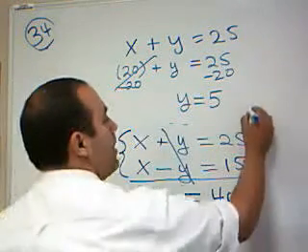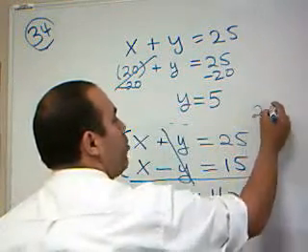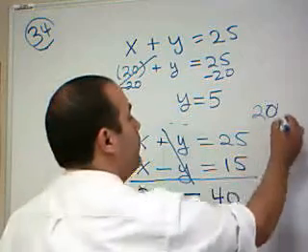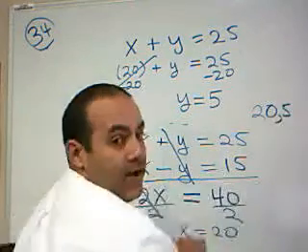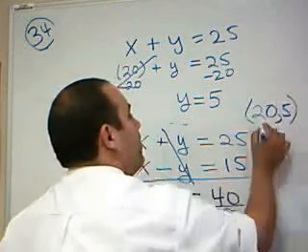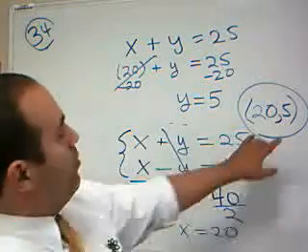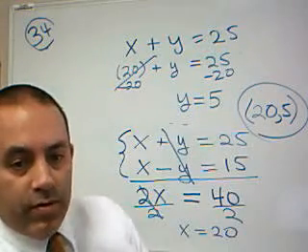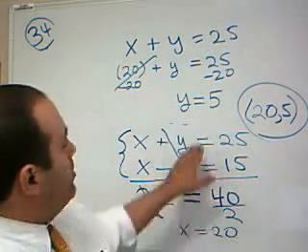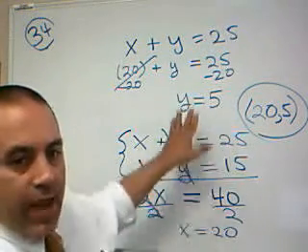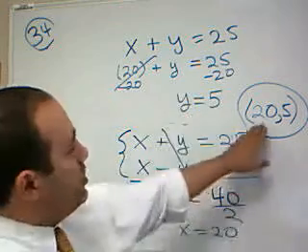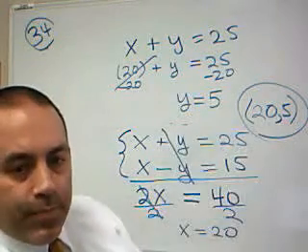So you could write your answer to this problem as an ordered pair, (20, 5). And that answer represents both of your solutions. Or you could just write them as x equals 20 and y equals 5 and box those. But it's usually better to write it as an ordered pair.